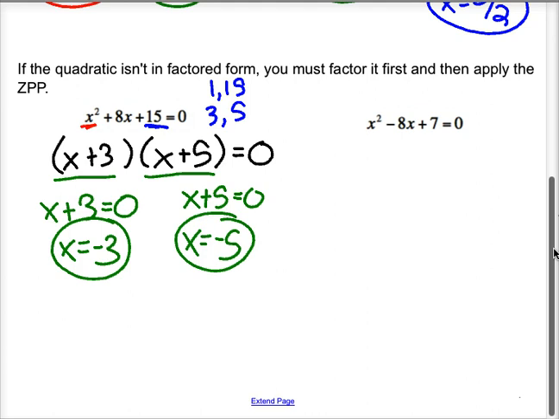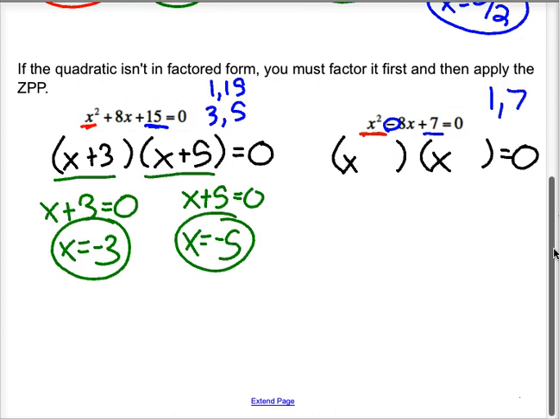And finally, this last example. Again, that x squared is going to come from x and x. That 7 has to come from 1 and 7. But something that I'm noticing is it's adding to give me a negative.